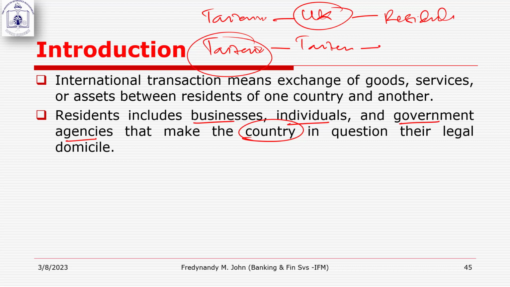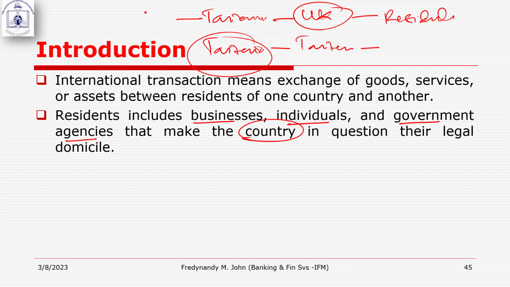Likewise, in Tanzania, you might have some individuals from different countries for different purposes. You might have businesses from different countries that have their foreign direct investment in Tanzania. So they will be considered as residents of Tanzania.